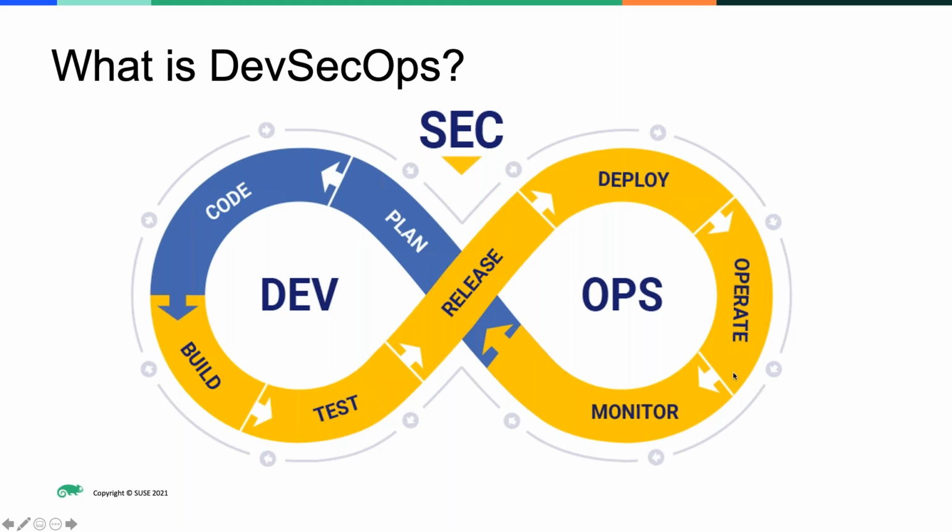So probably I don't need to do a lot of teaching about what DevSecOps is. Basically, the idea is to have security as the responsibility of everyone. Even if your organization does not have a dedicated security architect, still the idea is to have the ops team and the dev team work together, but also to put security as part of their responsibility.